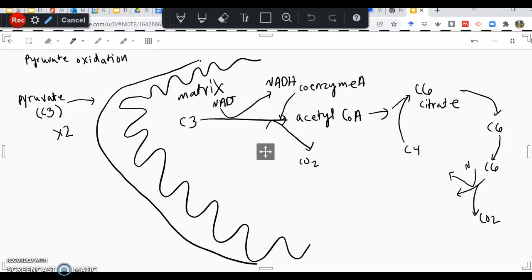We're going to strip electrons at the same time and give those to our electron carrier, NAD+ to NADH. So we go from a C6 molecule to a C5 molecule. We're going to do that same process again and strip off a carbon dioxide. That will give us a C4.